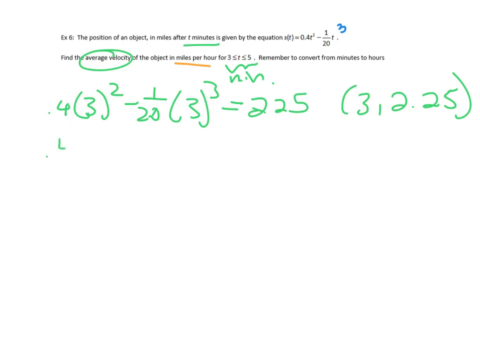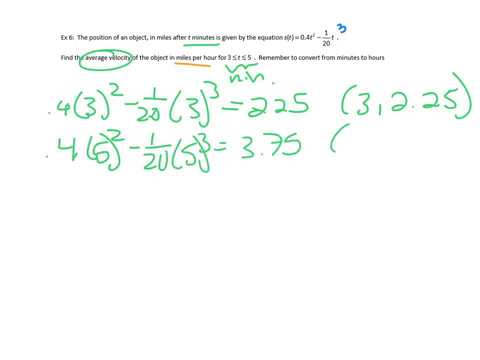If I plug in a 5, 1/20 times 5 cubed, that gives me 3.75. That is (5, 3.75).